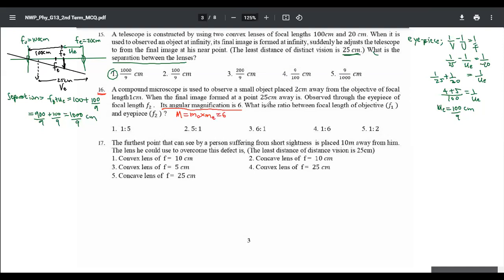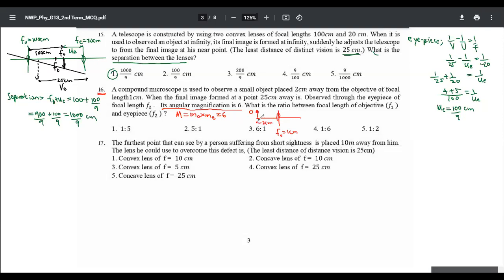What is the ratio between the focal length of objective and eyepiece? F1 over F2. Let's start then. I'm not going to apply the lens formula, because if you take the objective lens, it has a focal length of 1 centimeter, and you are keeping the object at 2 centimeters.